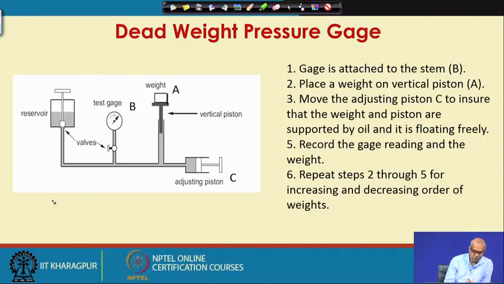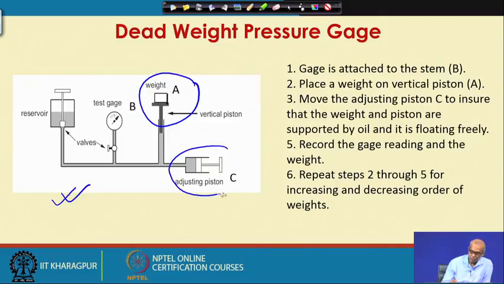Look at this schematic for a deadweight pressure gauge. It consists of a vertical piston, then there is an adjusting piston and you have a reservoir.